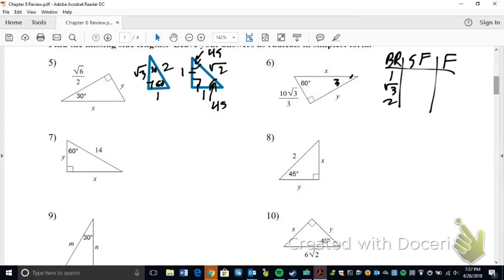The 30, 60, 90 triangle, that's the one on the left, has the ratio 1, radical 3, 2. That means the hypotenuse is always twice as long as the short leg, and the long leg is always the short leg times the square root of 3.